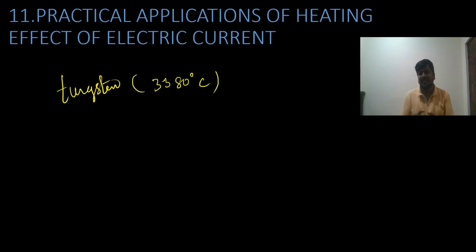Normally in homes, in household service, 5 ampere current will be used. In industries the range increases in practical applications, so 5 to 15, 5 to 20 also. So the current range utilized in industries, that is a practical application of current.